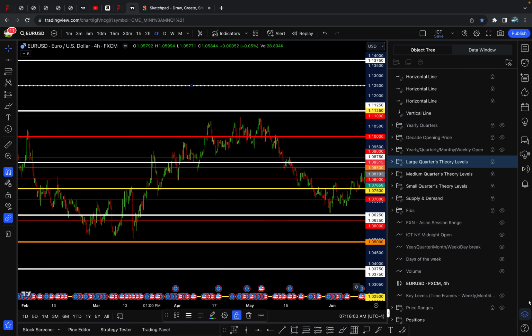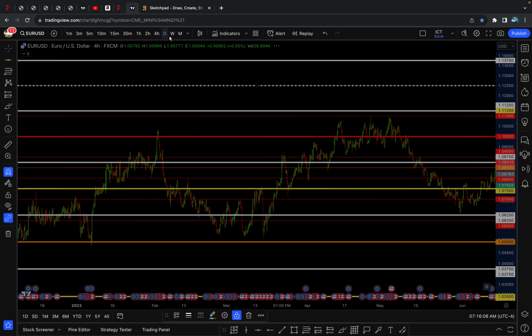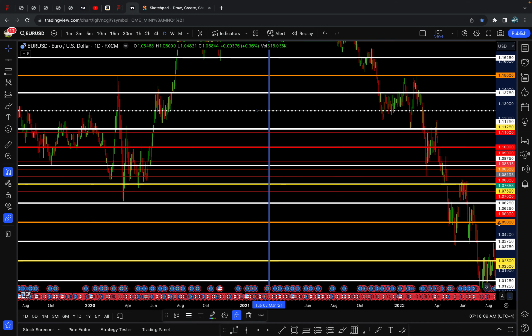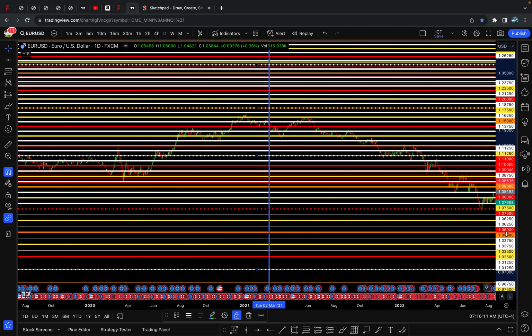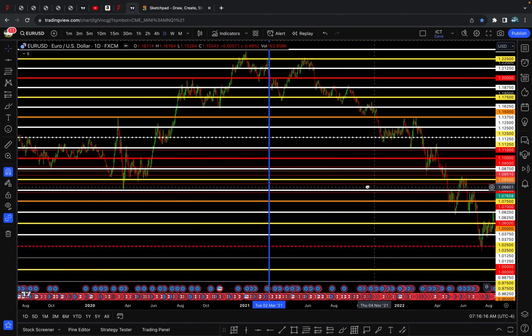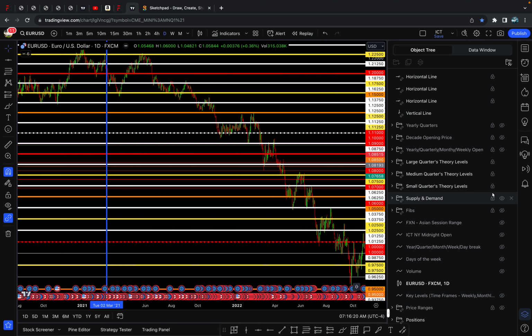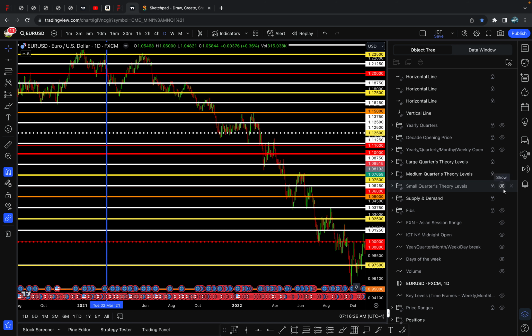So, yeah. Let me see if I can zoom out. The reason I did not show y'all the small ones, and the reason I have them all in separate things, is so that I can just get rid of them.